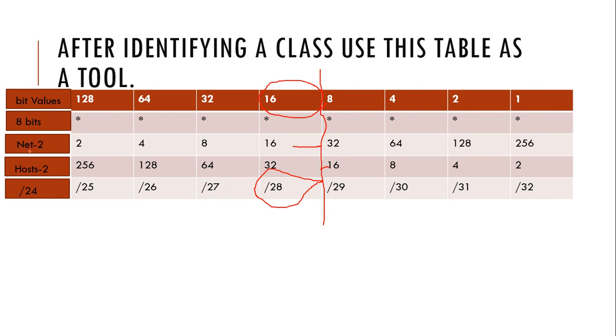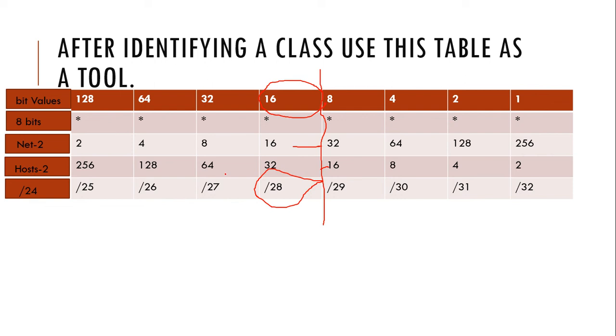Then in order to find your usable networks or your usable subnets, you subtract a 2 from this 16 pointed by this line.